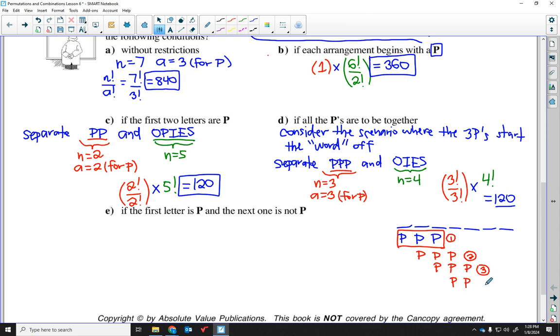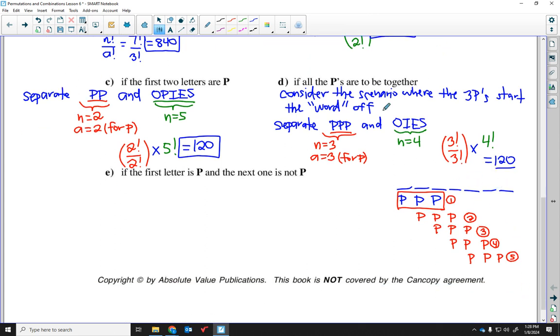Here's scenario number 4. Let's make sure I'm just matching it up here. Scenario number 4. And then scenario number 5 is just going to be the p's are all directly at the end.